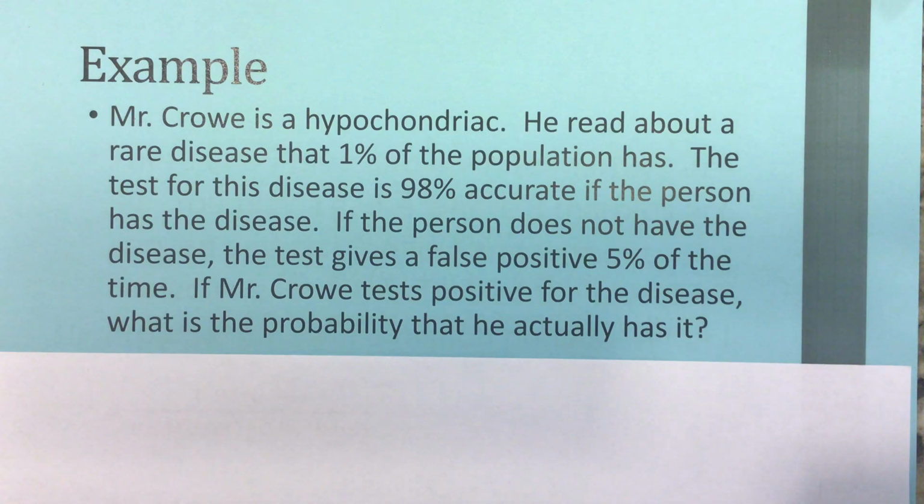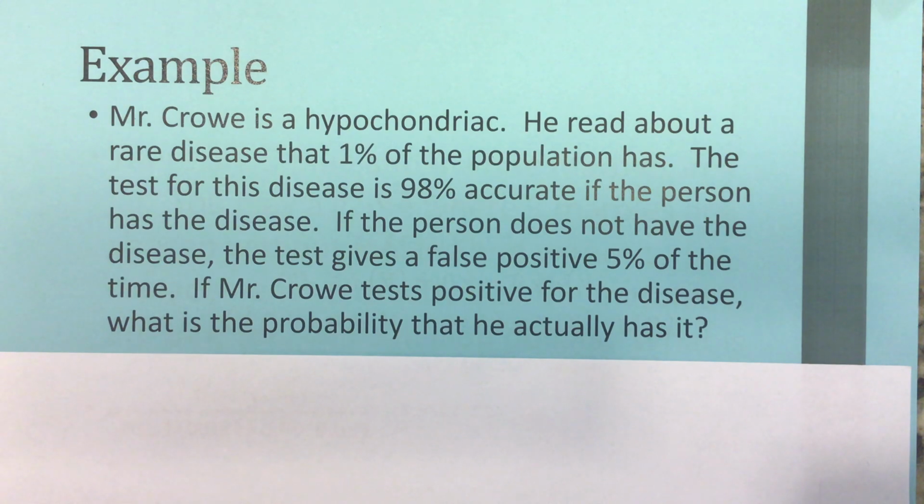All right, so I'm a hypochondriac. Not really, just pretending. And let's say I read about a rare disease. 1% of the population has this disease. So, of course, being a hypochondriac, I have to run out and get tested, right? Now, it turns out the test is 98% accurate if the person actually has the disease.